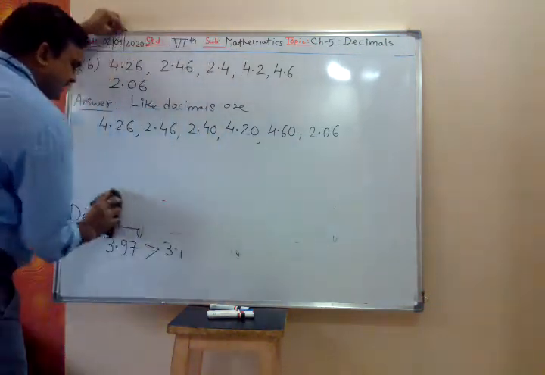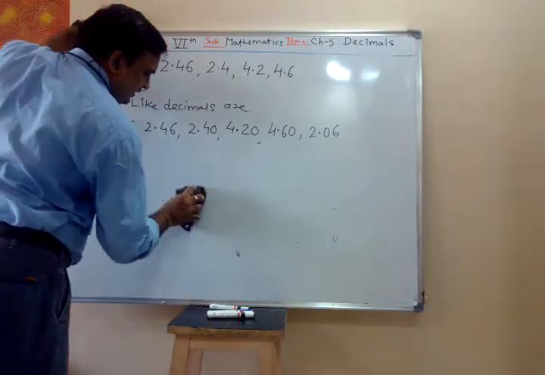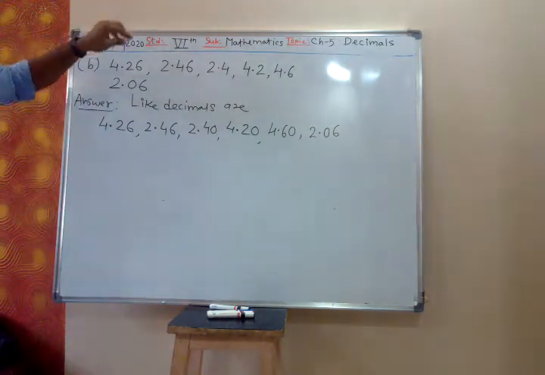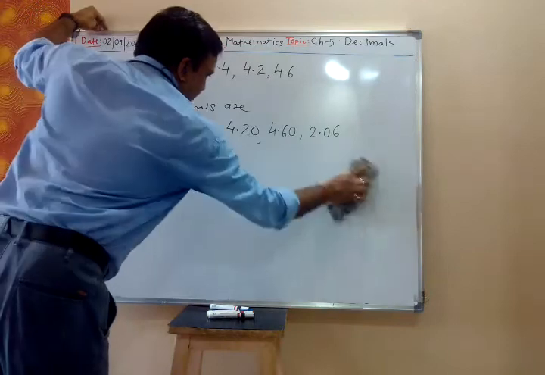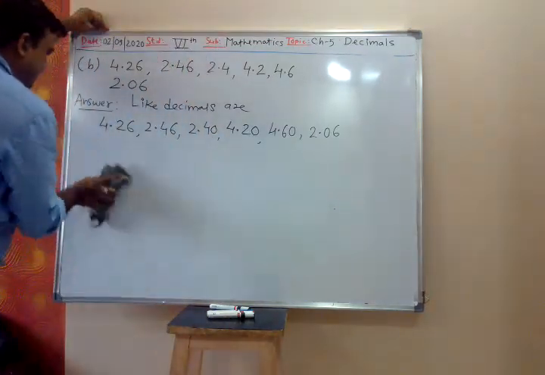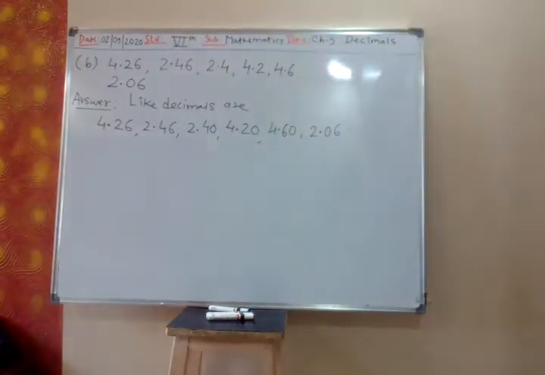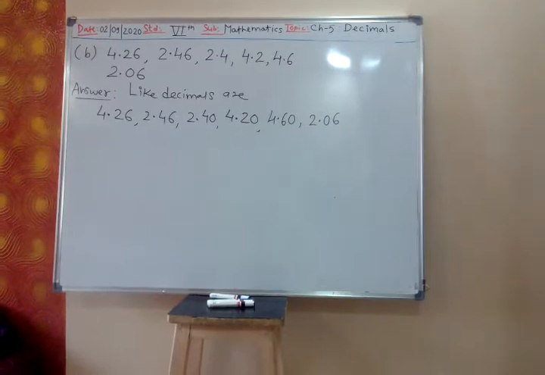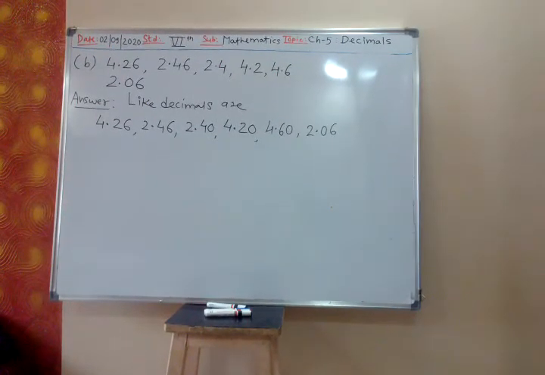So now we have arranged them in the like decimals. After converting them into like decimals, we have to write them down in the descending order.